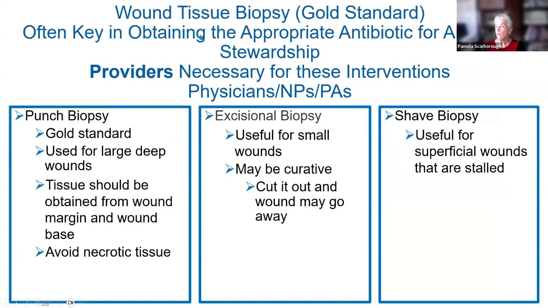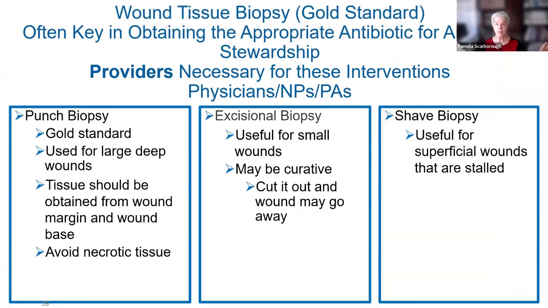Now, I do want to mention this because we're talking about antibiotic stewardship: using topical antimicrobials in conjunction with, or as an alternative to, systemic antibiotics until you decide what type you want. Oftentimes our providers start empirically with a broad spectrum antibiotic because we know we've got an infection.